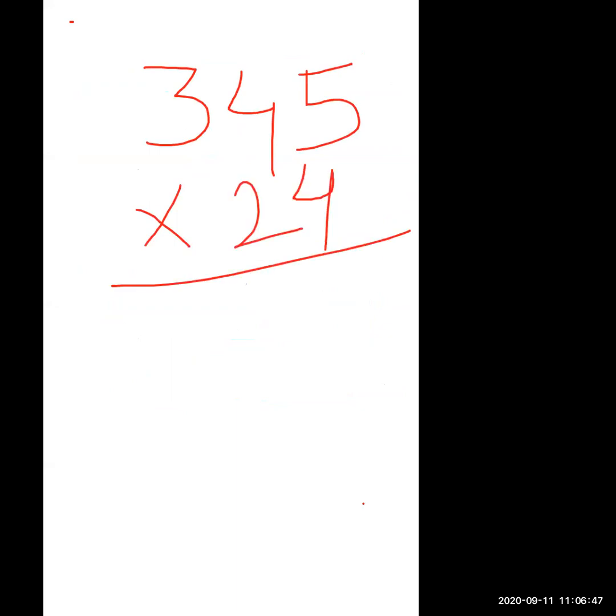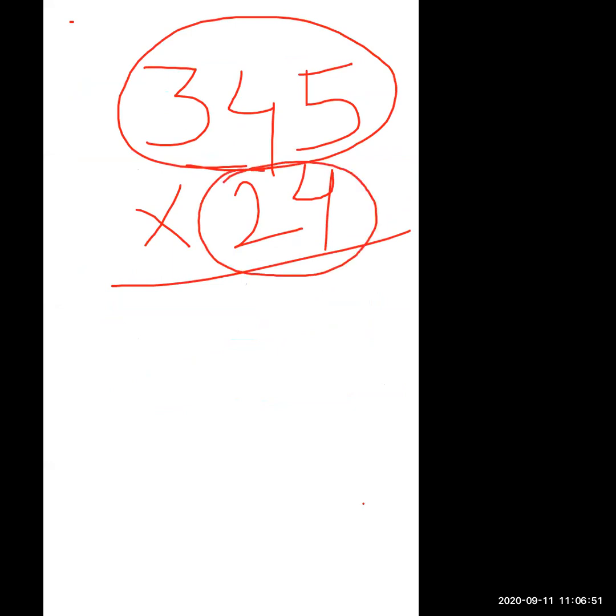Look here, everyone. See, what is your number? It's 345 into 24. Now this one is a multiplicand. This one is a multiplier. 5 into 4, 20. Okay. 2 is carry. Right?